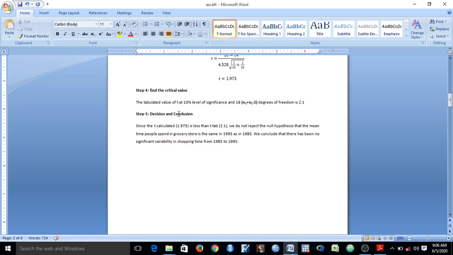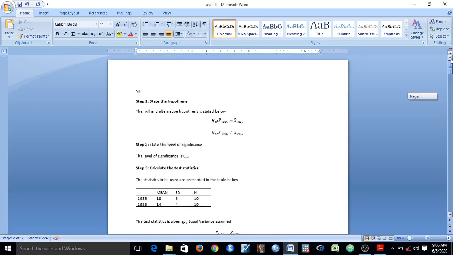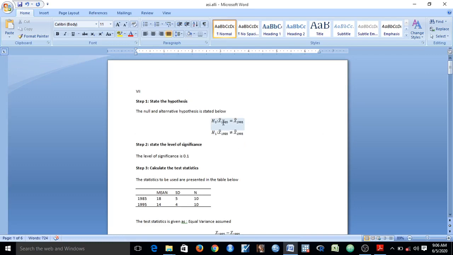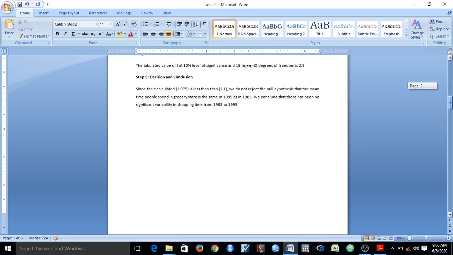So now we make our decision about rejection or not of our null hypothesis. We know that the null hypothesis says that the average time spent shopping in 1985 is the same as the average time spent in 1995.